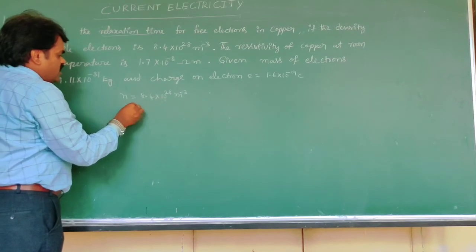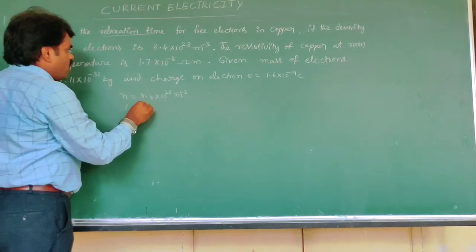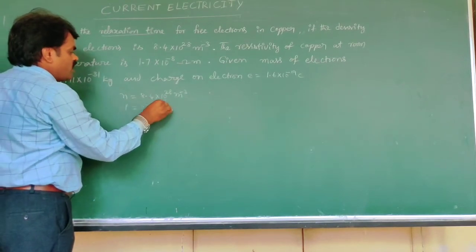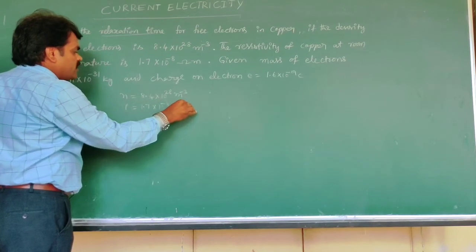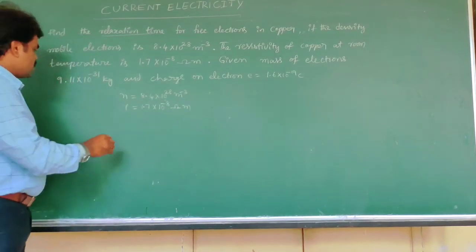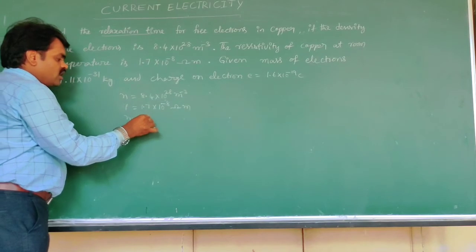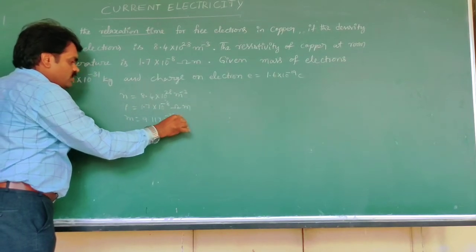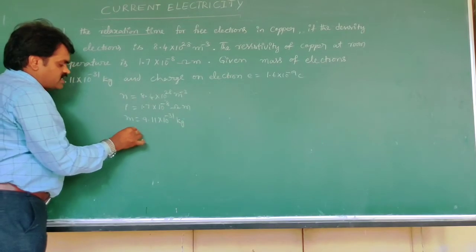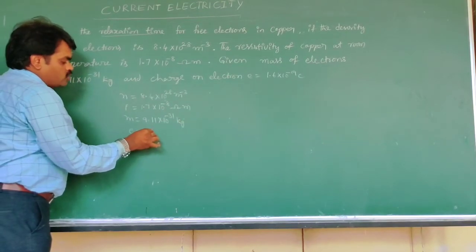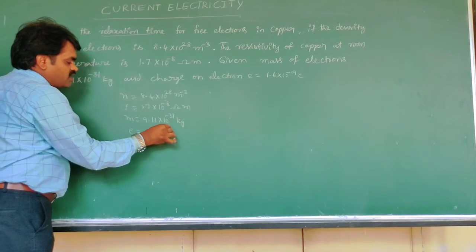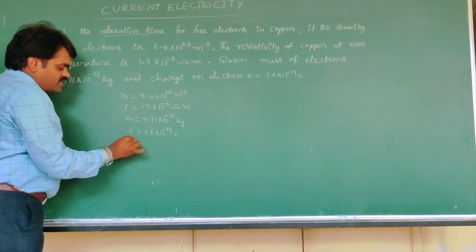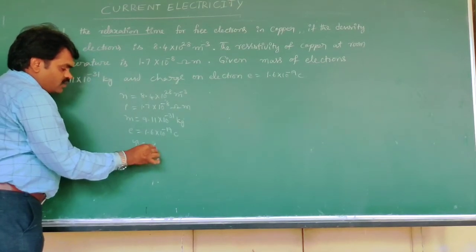The resistivity they have given is 1.7 into 10 to the power of minus 8 ohm meter. The mass of electron is 9.11 into 10 to the power of minus 31 kg. The charge of electron is given as 1.6 into 10 to the power of minus 19 coulomb. They are asking about relaxation time.